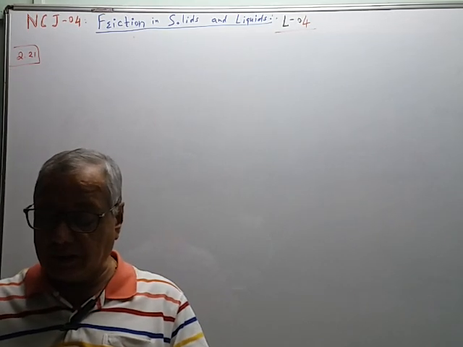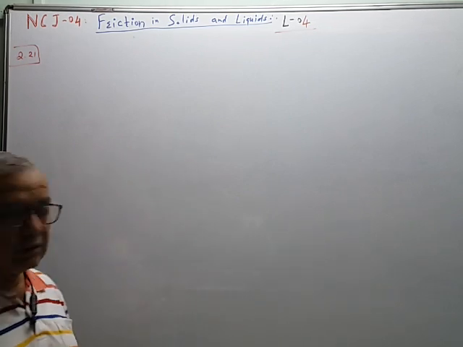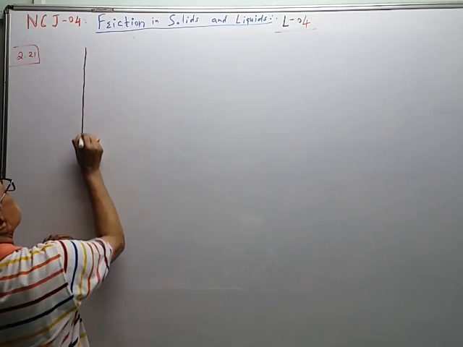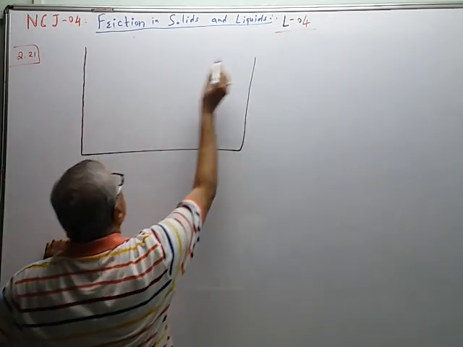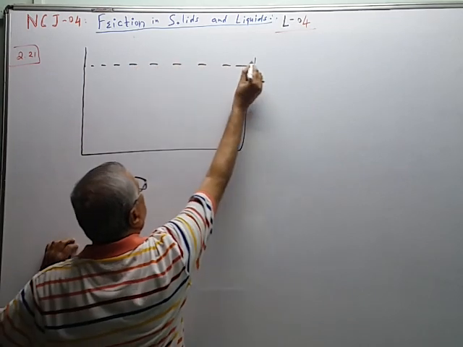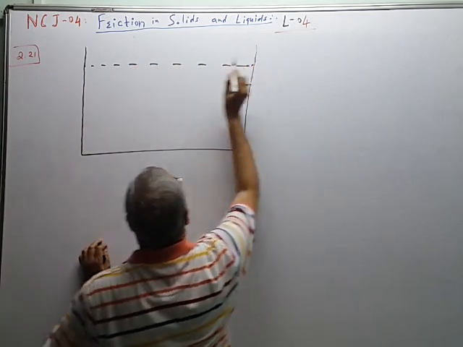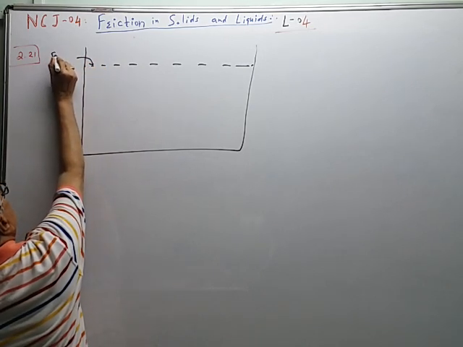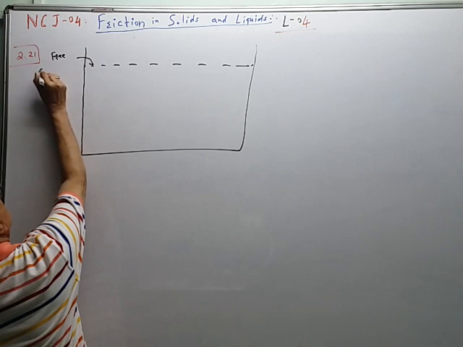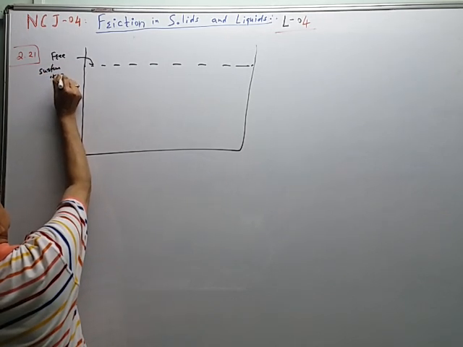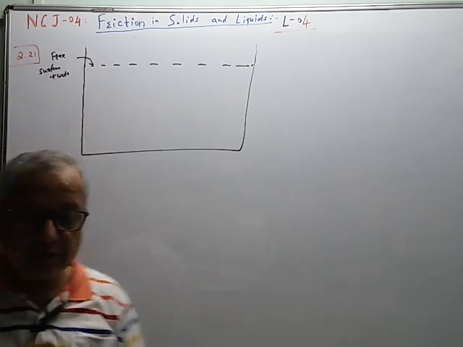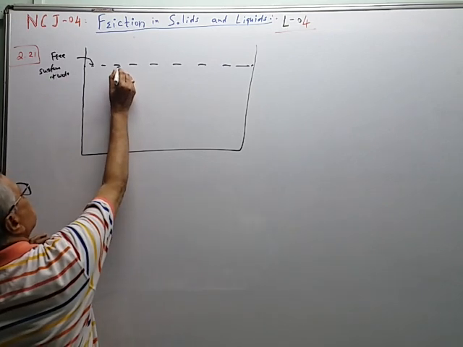The ratio of the forces is what is asked. So the situation is like this. This is the free surface of water. So, the first plate of radius 2 cm is kept at 75 cm, right?